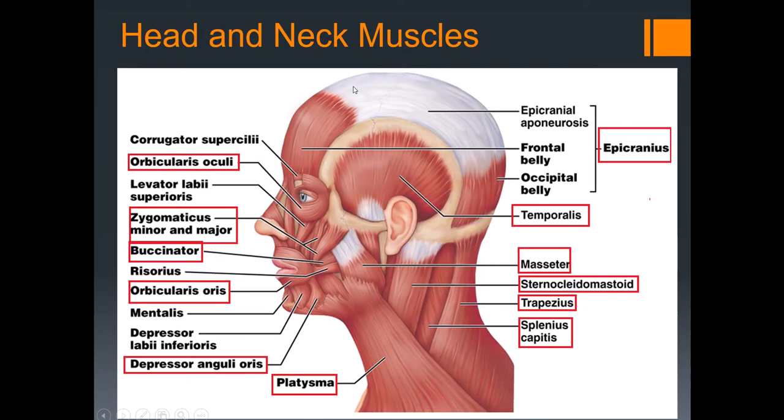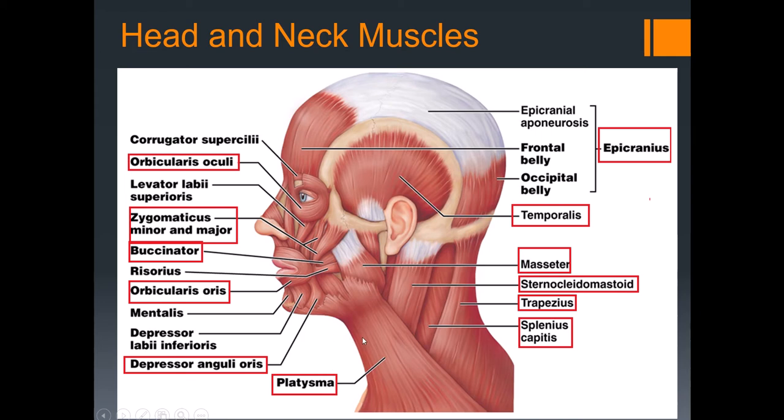So you can see here's the epicranius, the occipitalis here over the occipital bone, the frontalis here over the frontal bone, the temporalis over the temporal bone, orbicularis oculi around the eye, the zygomaticus major and minor muscles for smiling, the buccinator muscle here, orbicularis oris around your mouth, depressor anguli oris here for frowning, the masseter here for chewing, the sternocleidomastoid muscle here, and then this muscle here, the platysma, and here you can see the splenius for pulling your head backwards.